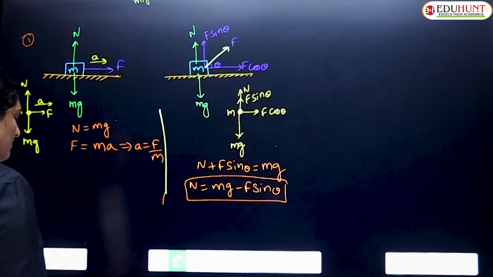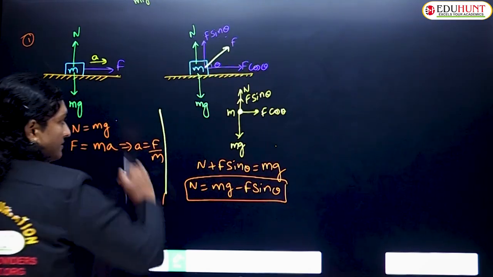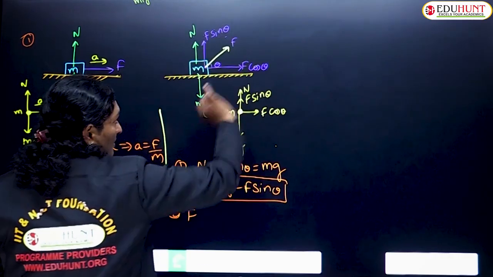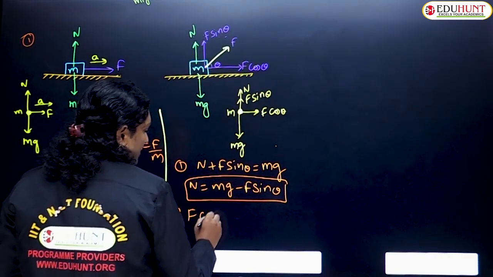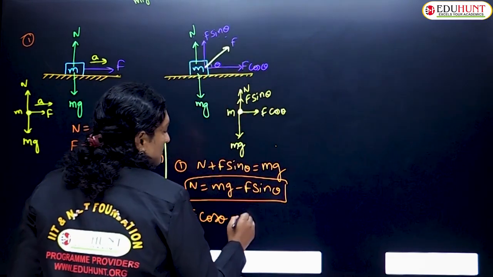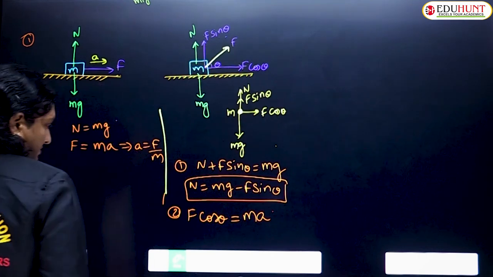And the net sideward force, if you consider that, the total acceleration is produced because of the sideways force. What is the force acting in the right direction? That is only F cos theta. The body is accelerated sideways.